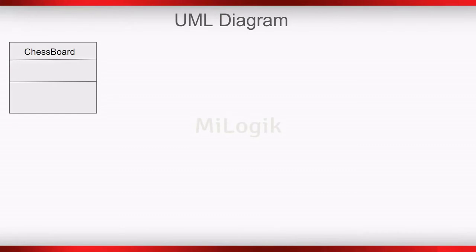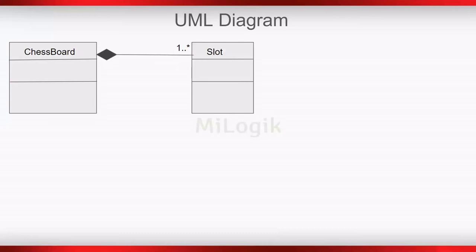There are multiple slots, 64 slots. So what is the relationship between the chessboard and the slot class? We have already seen it is composition. So how do you show that in UML diagram? By using a filled diamond symbol. And what is this one dot dot star? This is called the cardinality. That means one chessboard can have any number of slots, or we can specify the exact number as 64. There is no chance that there can be more than 64 slots as a part of the chessboard. So we can specify one dot dot 64.